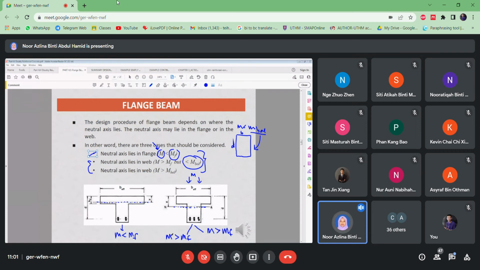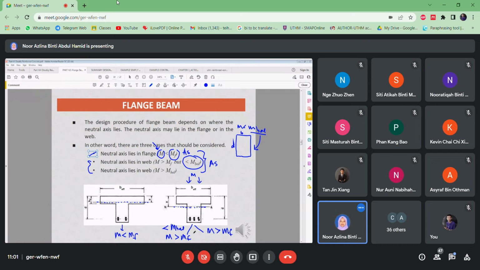If moment more than M flange but less than M balance, you need to design just AS here. Yang this one, once moment less than M flange, you have to design just tension reinforcement, just a singular.